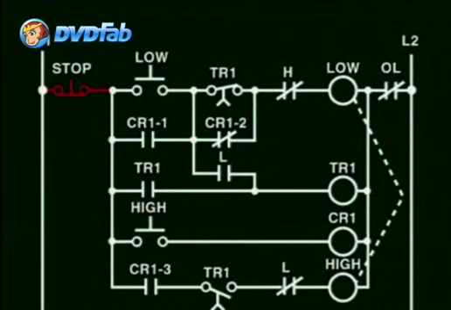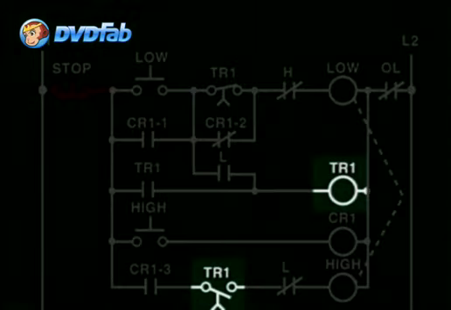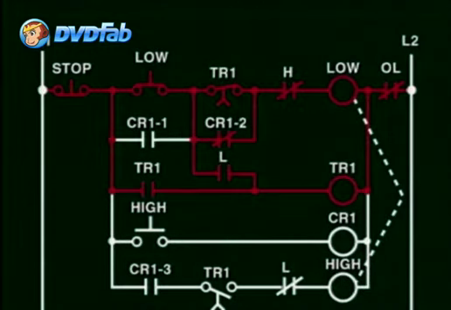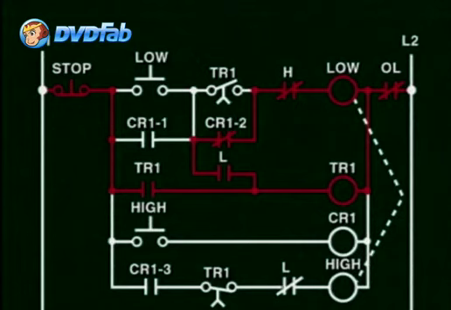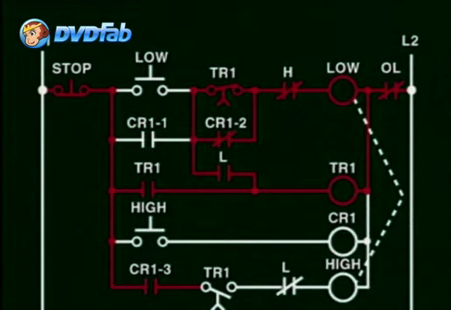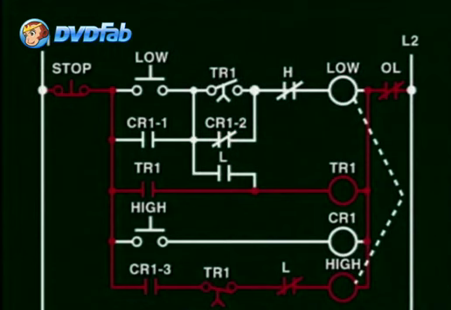Some accelerating circuits, like this one, utilize a timer on delay to bring the motor to high speed once the low-speed push button has been pressed. This circuit gives the motor and driven equipment a definite time to accelerate from low to high speed. If the operator presses the high speed first, the circuit will start the motor at the low speed and then increase it to the high speed.